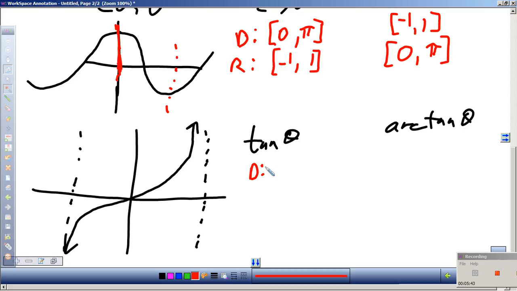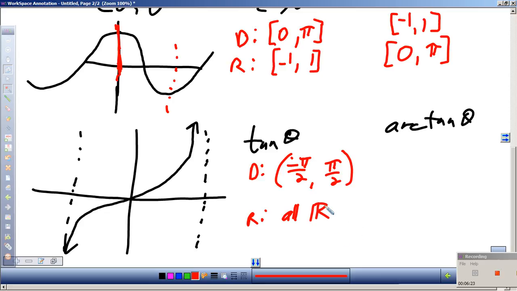So what might be a convenient limitation for it? Okay, how about between one of the two of these? And where is the tangent undefined? Negative pi half, and this would be? So, does it include those two? Okay, so it's negative pi half to pi half, and your range, all real.